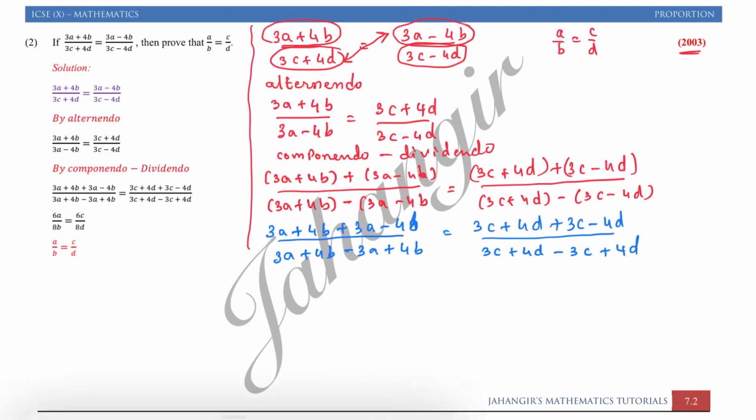As you see, we can cancel 4b in the numerator and 3a in the denominator. On the right side, you can cancel in the same sequence: 4d minus 4d and 3c minus 3c.